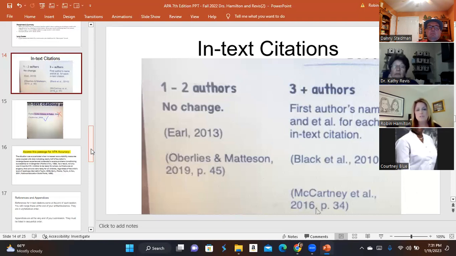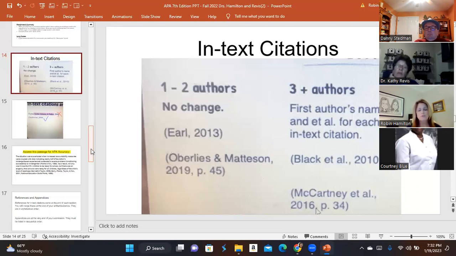When it's 1 to 2 authors, you list them both. When it's 3 or more authors, the first author's name gets written and et al. for each in-text citation. So Black et al., McCarthy et al.